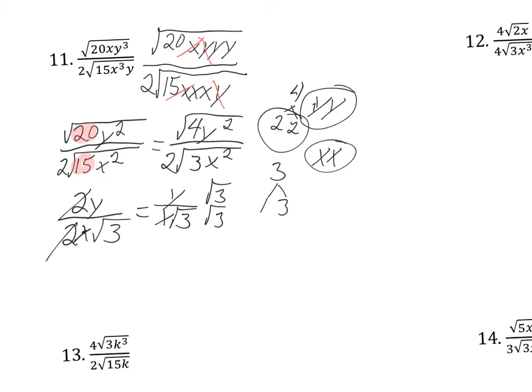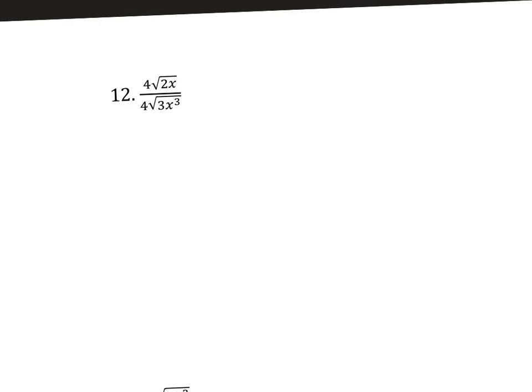I'm going to have y radical 3 over 3x, because the radical 3's become radical 9. Square root of 9 is 3, so y radical 3 over 3x.